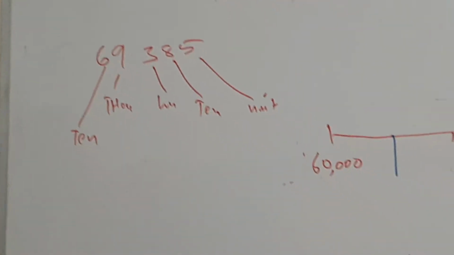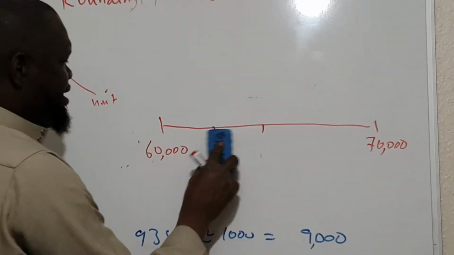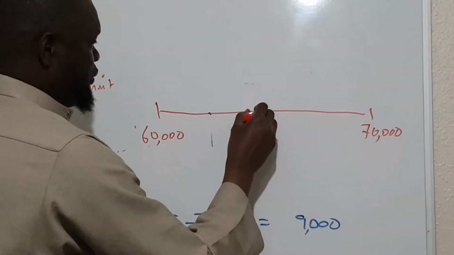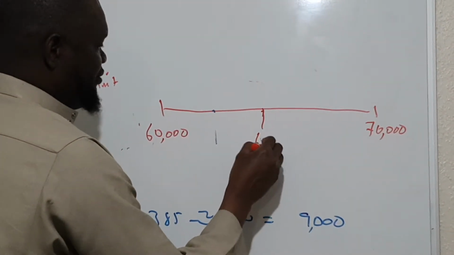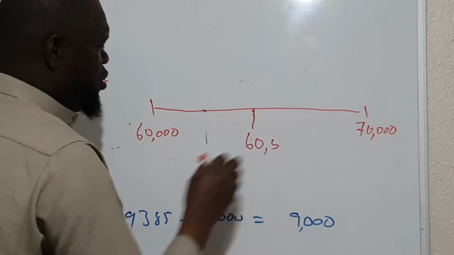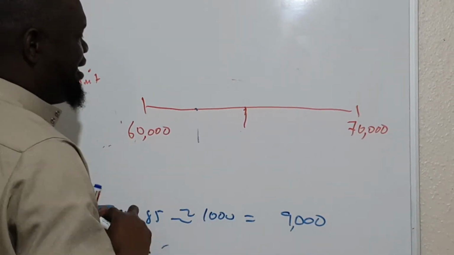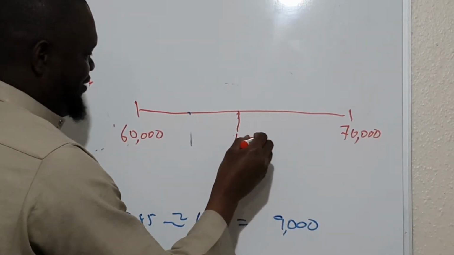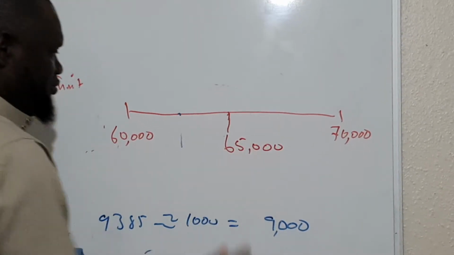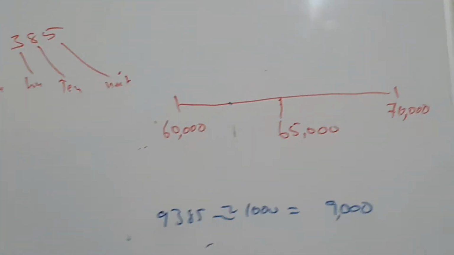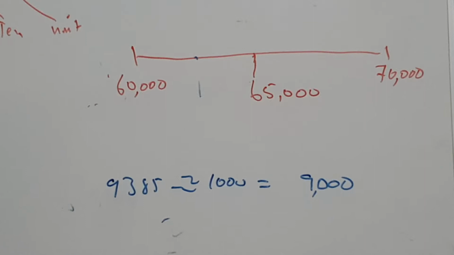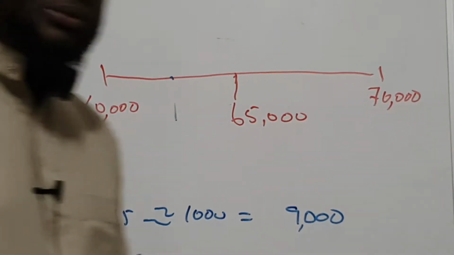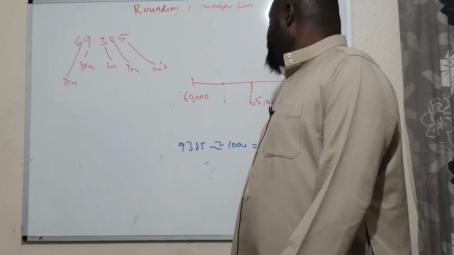Now, our magic figure will be again in the middle. So that will be 65,000. Oh, sorry. 65,000, you are right. 65,000 will be the middle, between 60,000 and 70,000. Now, you got to be careful, okay?